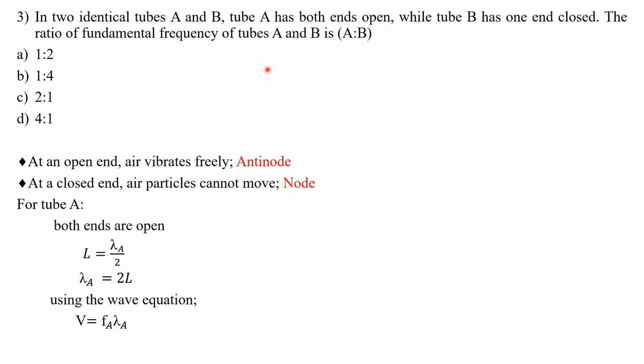So here, for tube A, it has both ends open. So we can draw like this. This is the antinode.